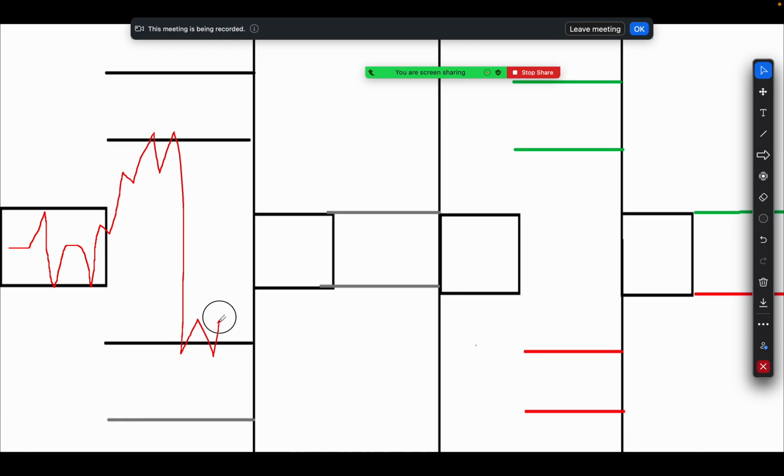Alright? Moves back into consolidation to end the day. See, maybe you can see: 1, 2, 3. They fail to break the number. Lights out.